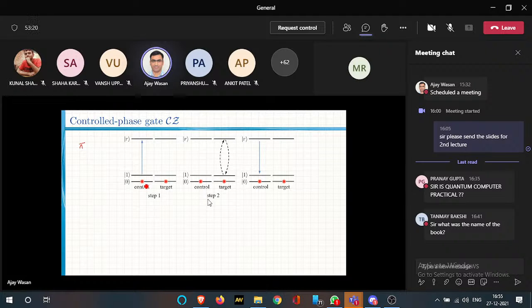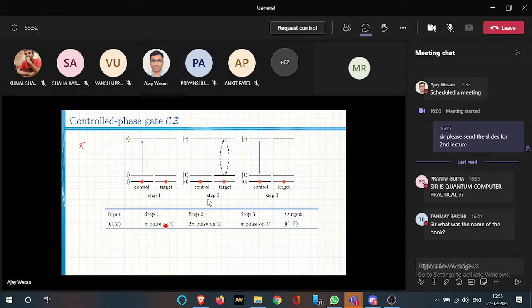So you can see the atom was in 0, 0, and at the end it is 0, 0 only. I'm writing here: input, control, target, pi pulse on C, 2 pi pulse on target, and pi pulse on C. If you see here, everything is 0, 0. We started from 0, 0 and we end up at 0, 0.